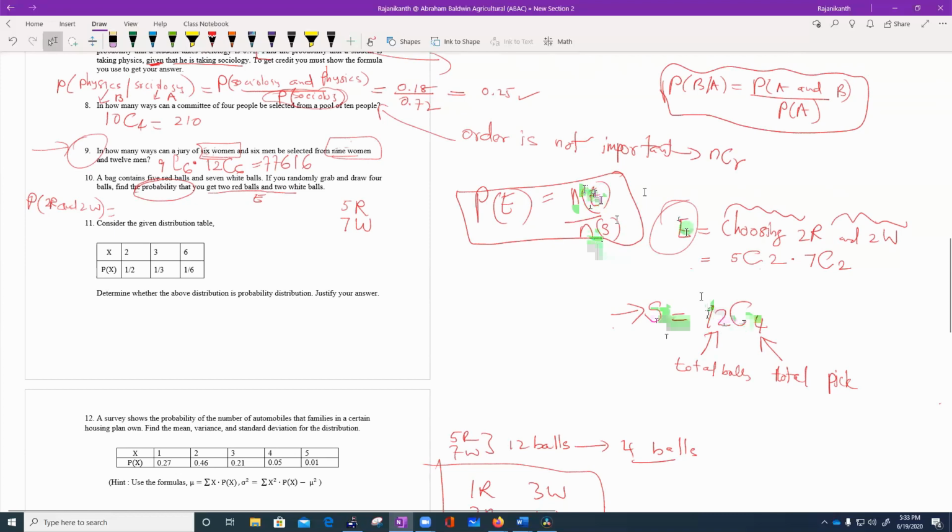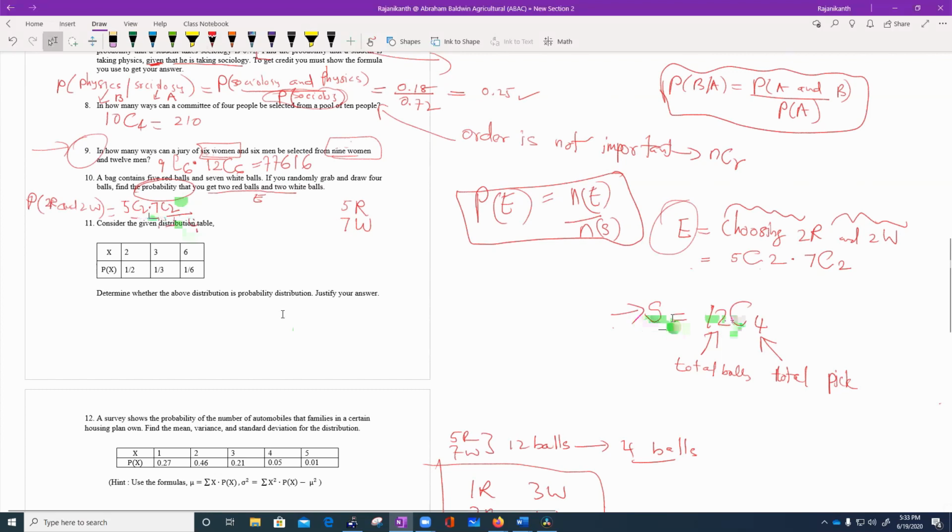Event E I could perform in 5C2 times 7C2 ways. Therefore, the answer we are writing as a fraction. First write the possibilities for event E, which is 5C2 times 7C2. Then divide by the sample space possibilities. My sample space possibilities is 12 choose 4.